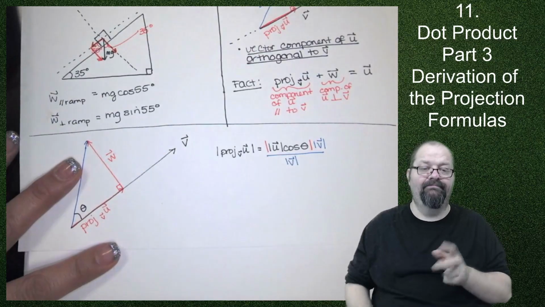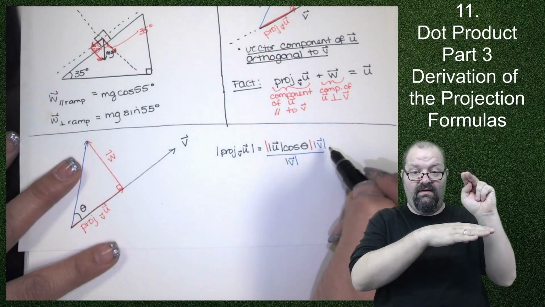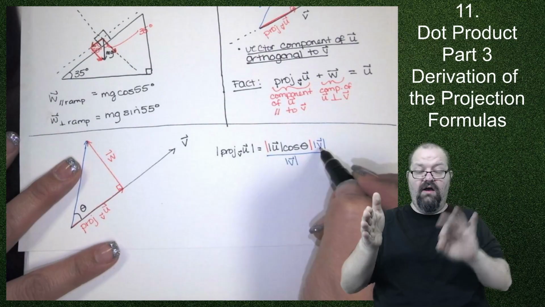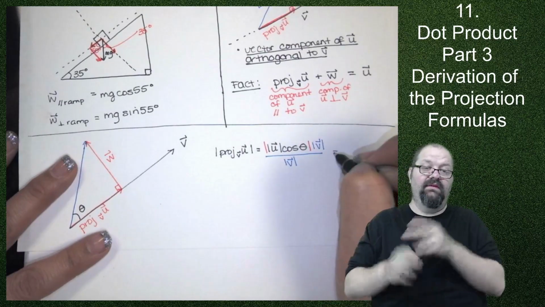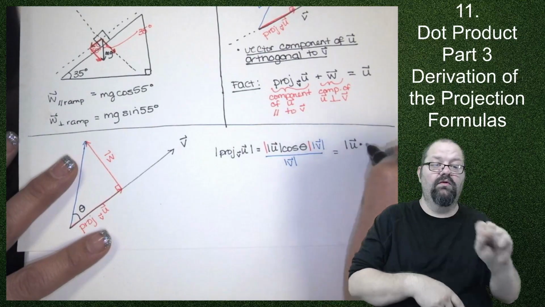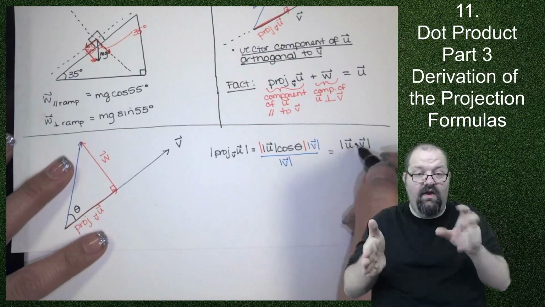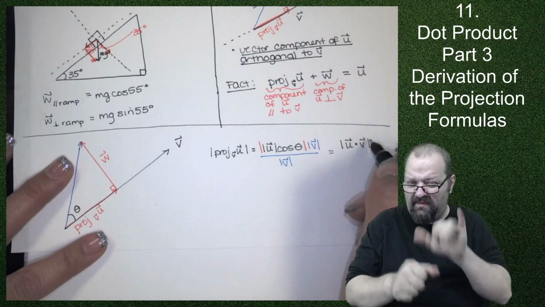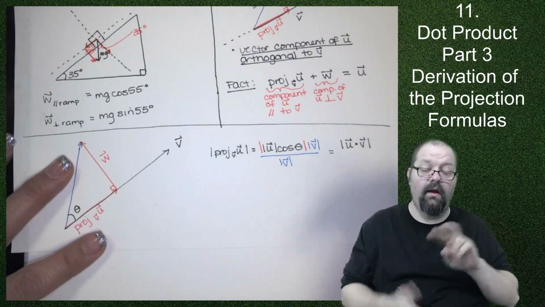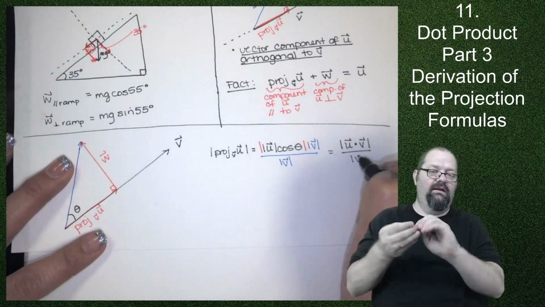So now in my numerator, I've got the absolute value of the length of u times the length of v times the cosine of the angle between them. That is the absolute value of the dot product. Remember, the dot product is a scalar. We're just taking the absolute value of that number, and we're dividing by the length of v.